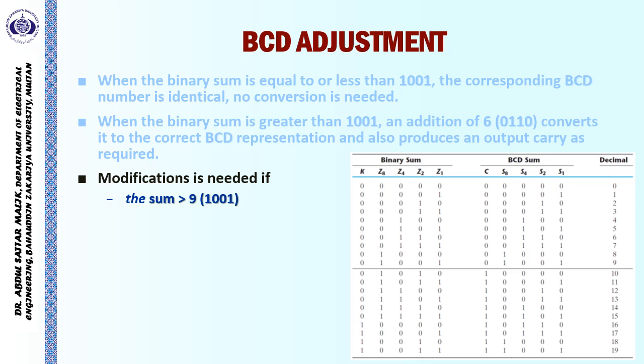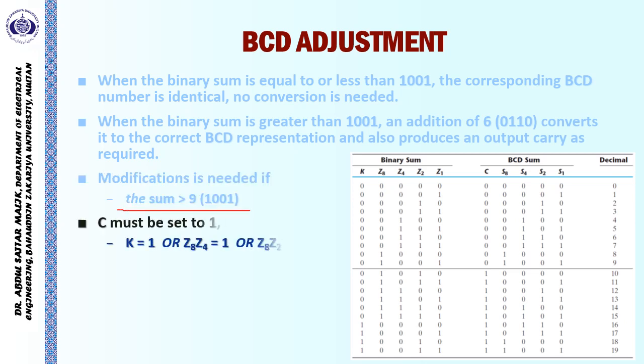Modification is needed if the sum is more than 9. How will it be detected? C must be set to 1 if K is 1, or Z8 along with Z4 is 1, or Z8 along with Z2 is equal to 1.